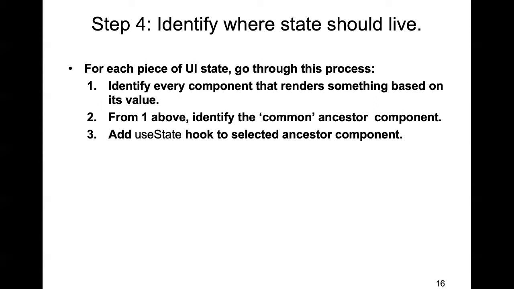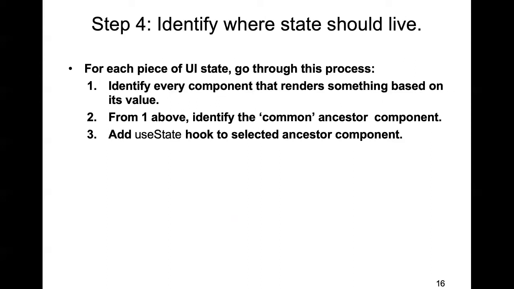And so you take that subset of components and you identify a common ancestor of all of those 3 components, or whatever number there are. So you climb up the component hierarchy to find one common ancestor. And it's that common ancestor component that is going to manage that particular state variable. And that's the component that will have the useState hook coded in it.